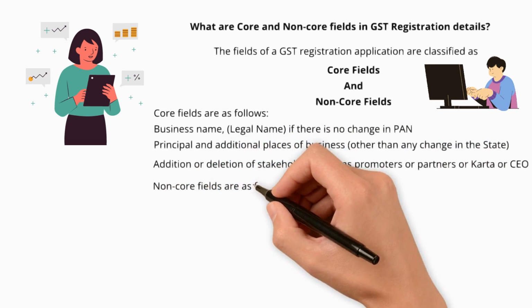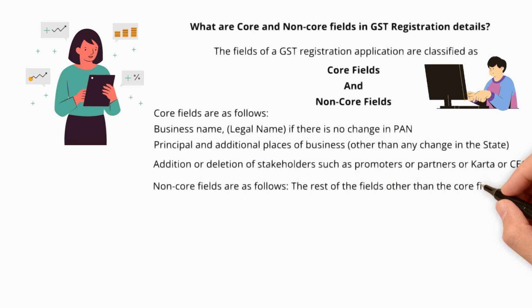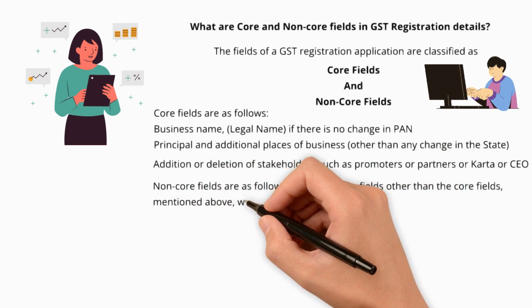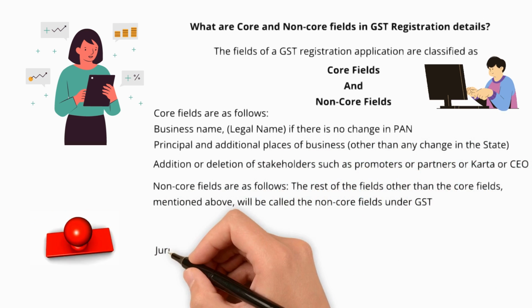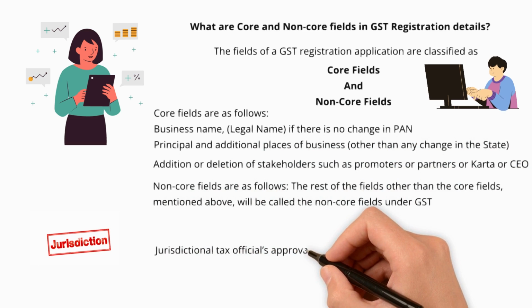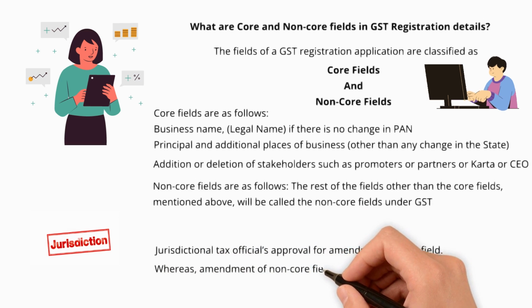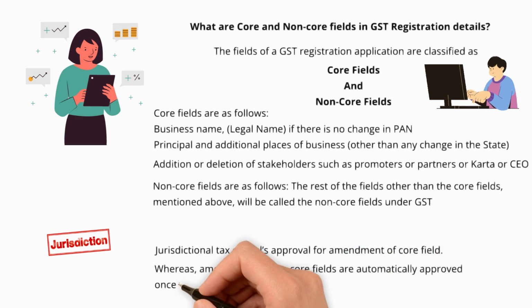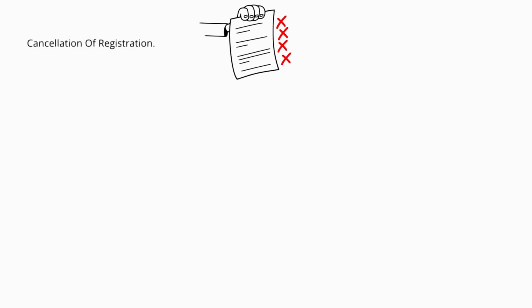Non-core fields are as follows: the rest of the fields other than the core fields mentioned above will be called non-core fields under GST. Jurisdictional tax officials' approval is needed for amendment of core fields, whereas amendment of non-core fields is automatically approved once the amendment application is submitted.